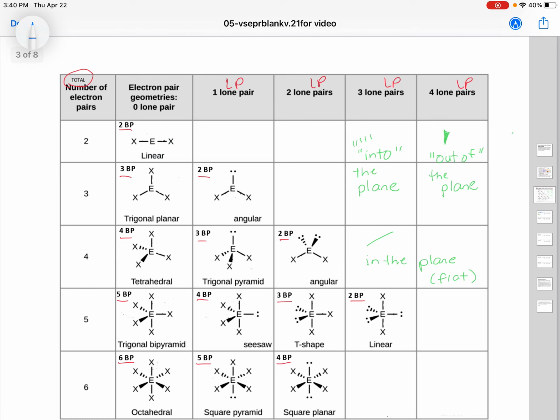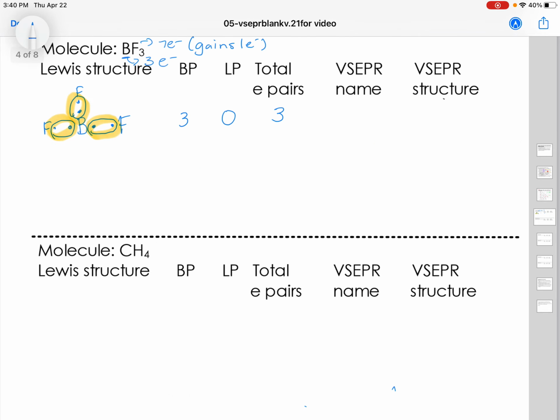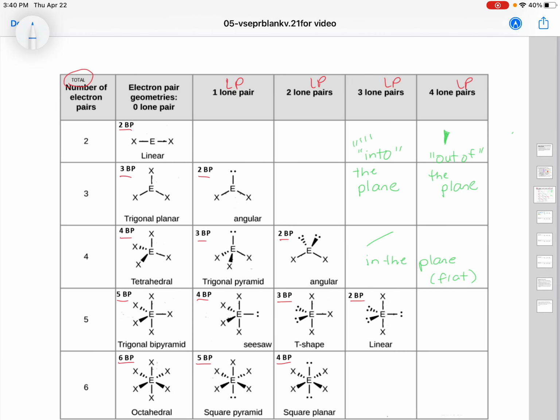Okay, so we're going to take 3 and 0 and go into our chart. The total number draws our attention to the 3rd row, and then we look for 0 lone pairs and 3 bond pairs, and there it is, trigonal planar. The E and the X are general, so we are not going to do E's and X's. We're going to do B and F because that's what our molecule is.